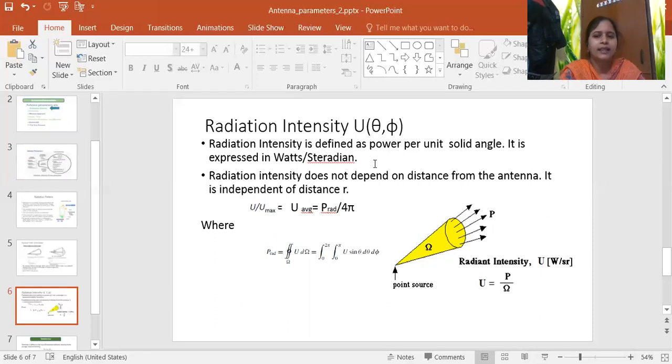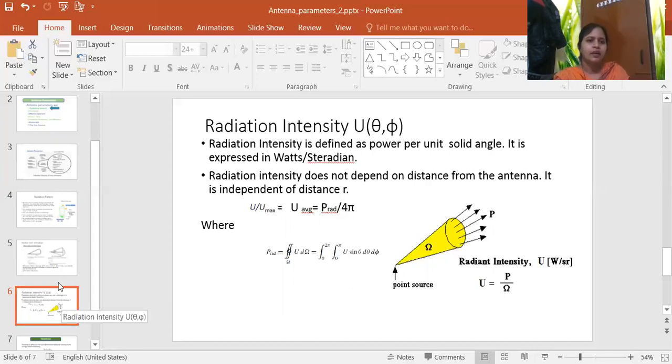We have to calculate power radiated in theta direction and phi direction. We know that theta is changing from 0 to pi and phi is changing from 0 to 2 pi, and we already know from the previous slide d omega is equal to U sin theta d theta d phi.